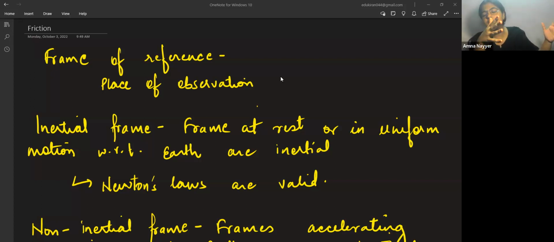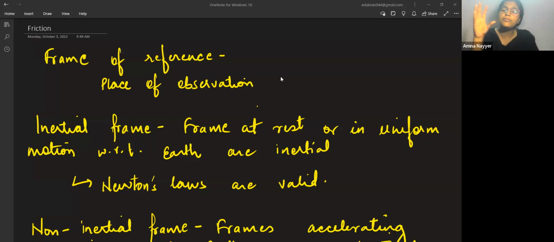Now, when that truck is moving, the pendulum is inside the truck. What will happen to the pendulum? If it was hanging straight initially, as soon as the truck starts its motion, the pendulum will move.